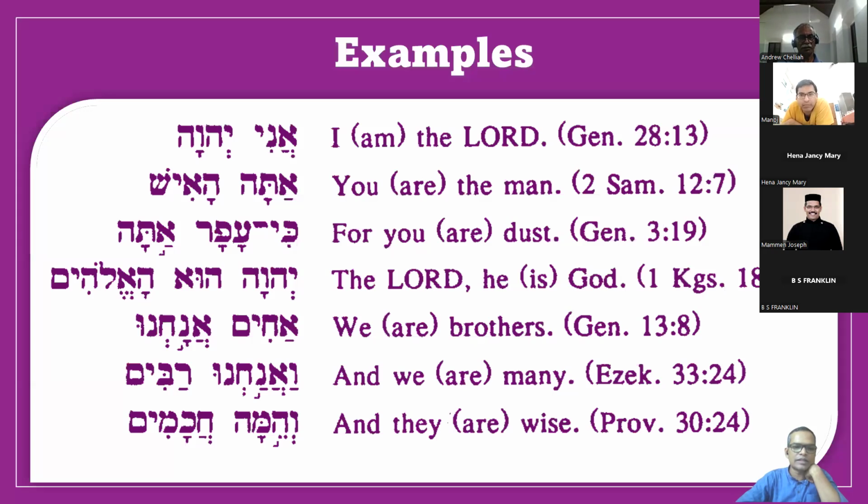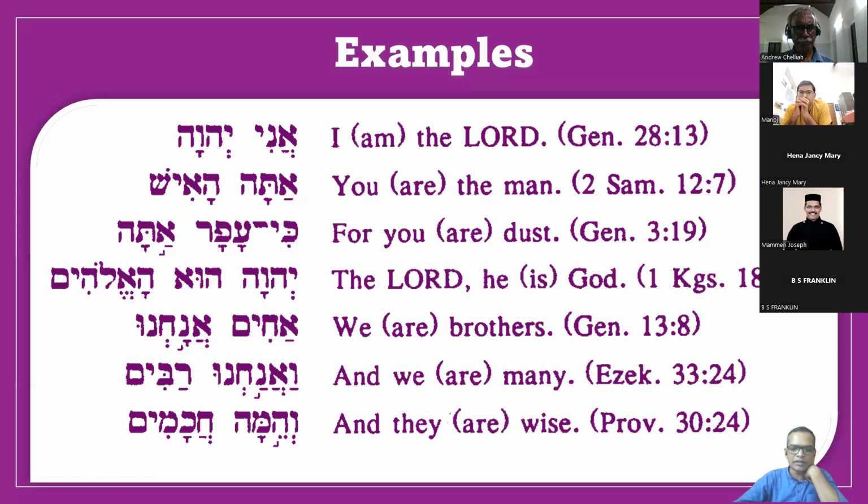So in all these cases, we are supplying the verb to be. Otherwise, in the English translation, it doesn't make any sense. So if you see here, for example, the first one, Ani Adonai.